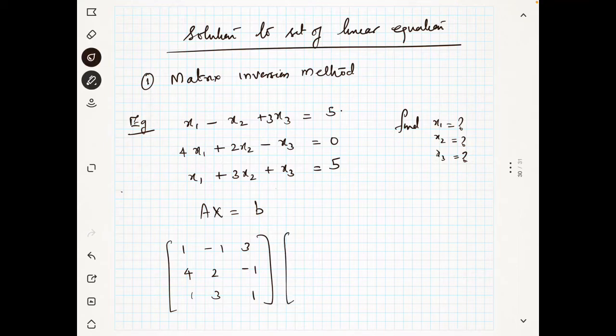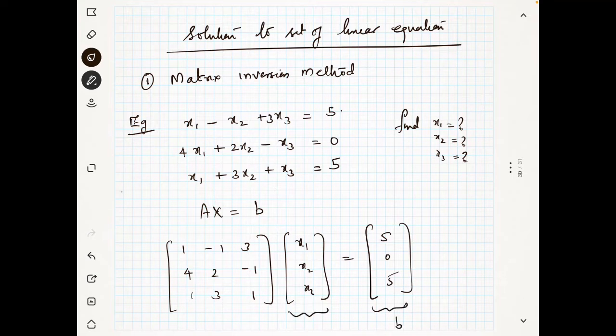My x matrix is x1, x2, x3, which I want to find, and this is b1, b2, b3, that is 5, 0, 5. This is my B matrix, this is my X matrix, and this is my A matrix.